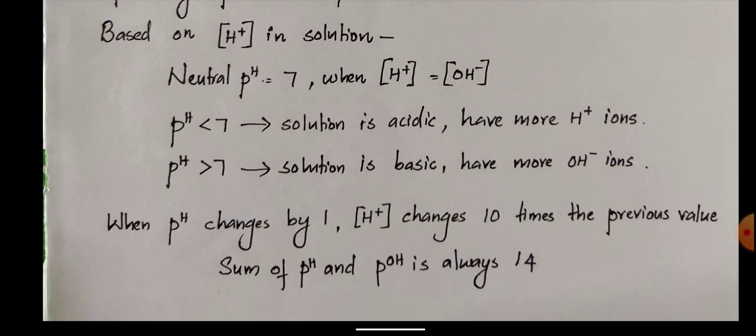And if the pH is more than 7, the solution is basic, which means the solution will have more OH minus ions and less H plus ions. When the pH changes by 1, the H plus ion concentration changes 10 times the previous value, and the sum of pH and pOH is always 14.